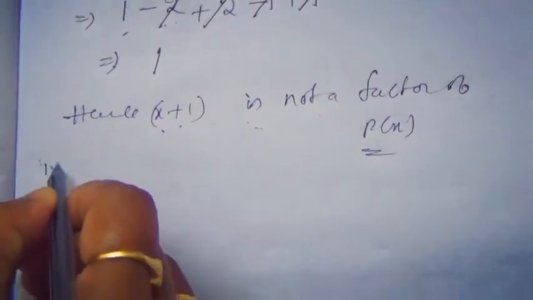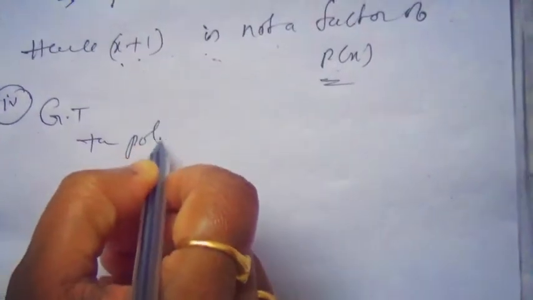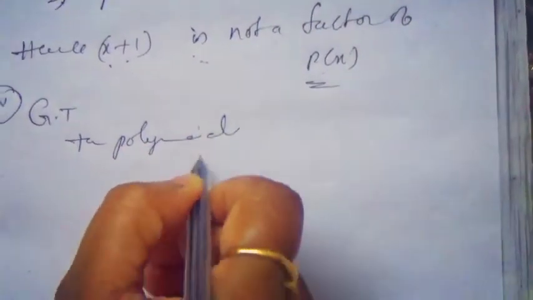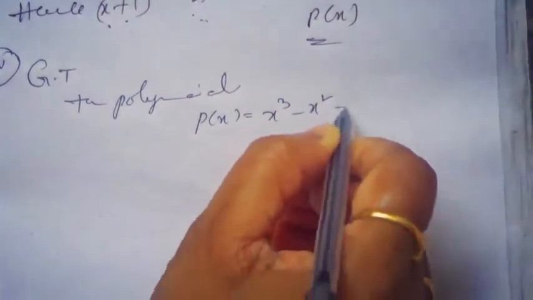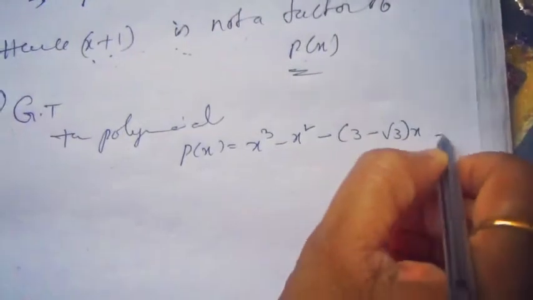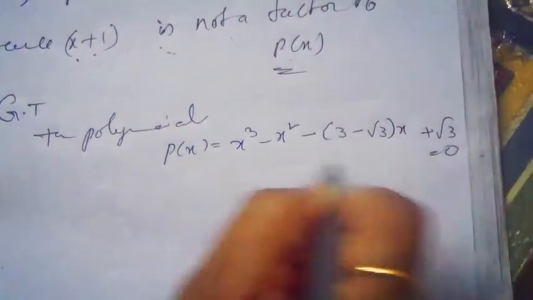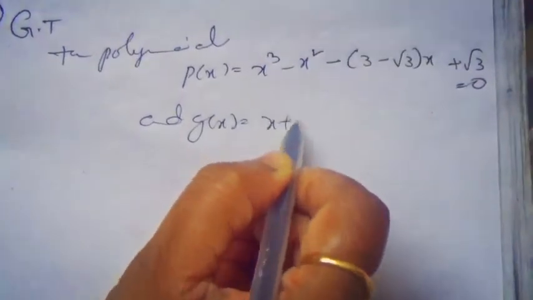Okay, in the fourth one, given that the polynomial p of x is equal to x cube minus x square minus 3 minus root 3 x plus root 3 is equal to 0. And g of x as usual, that is equal to x plus 1.